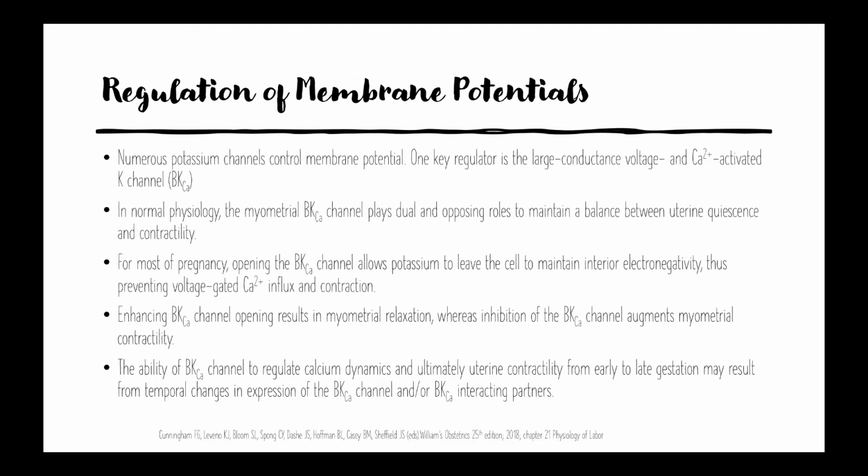For most of pregnancy, opening the BK calcium channel allows potassium to leave the cell to maintain interior electronegativity, thus preventing voltage-gated calcium influx and contraction. Enhancing the BK calcium channel opening results in myometrial relaxation, whereas inhibition of the channel augments myometrial contractility.